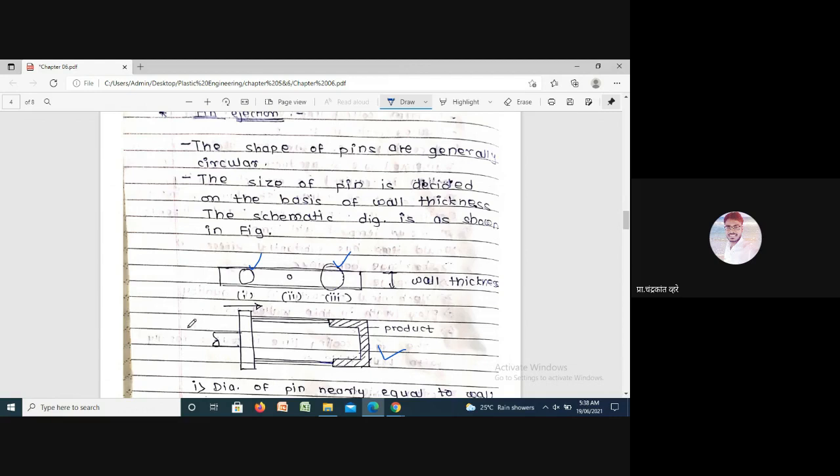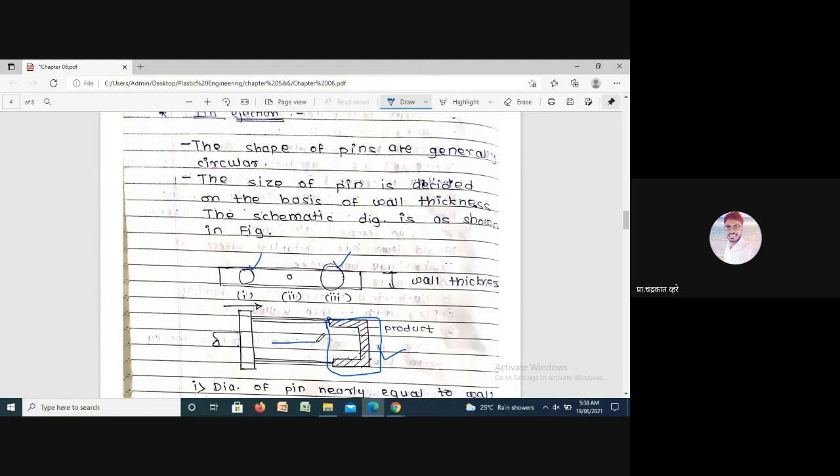Suppose this is our lower mold, and the product is jammed here.